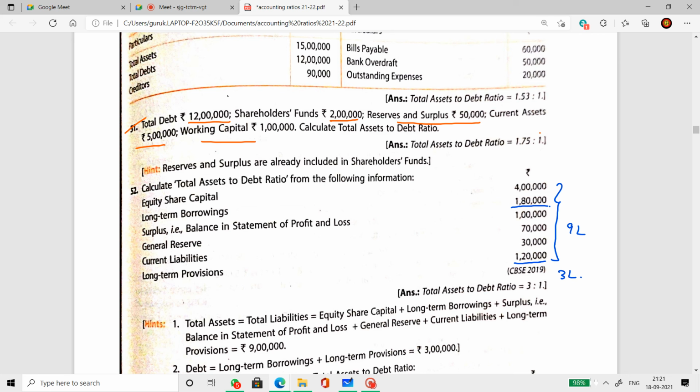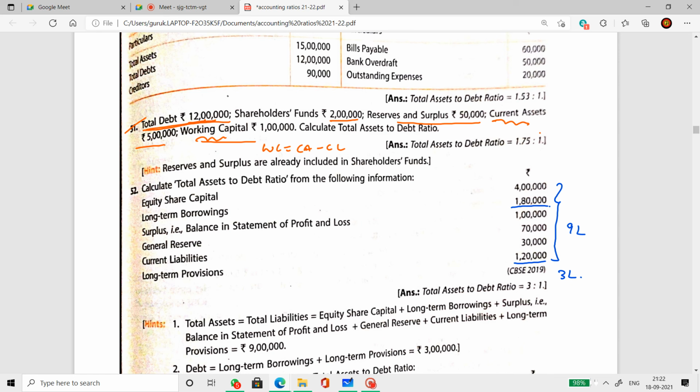Now, since we know the total debts as 12 lakhs, total debts minus current liability will give you long-term debts and provision. Here in the question, current liability is not given straight away. Instead, they've given current asset and working capital. We know working capital is equal to current asset minus current liability.